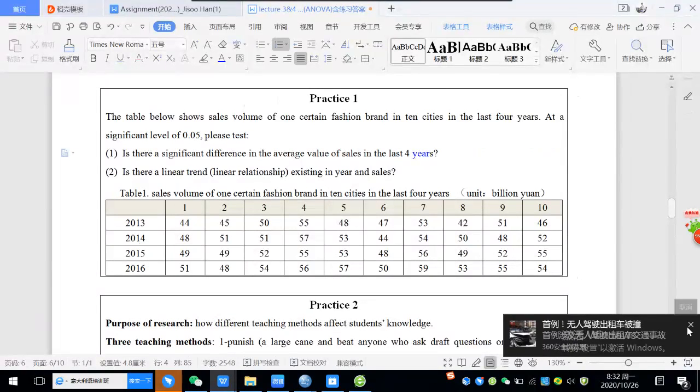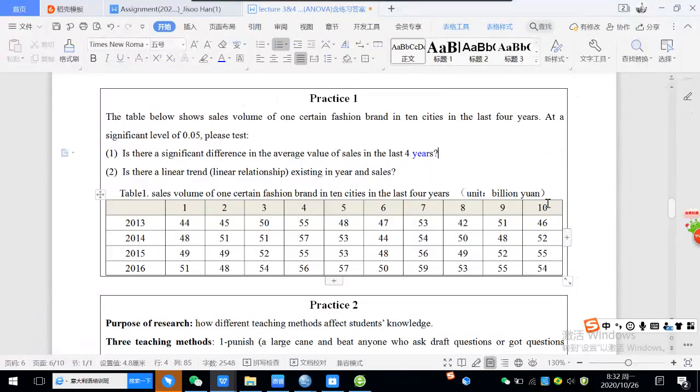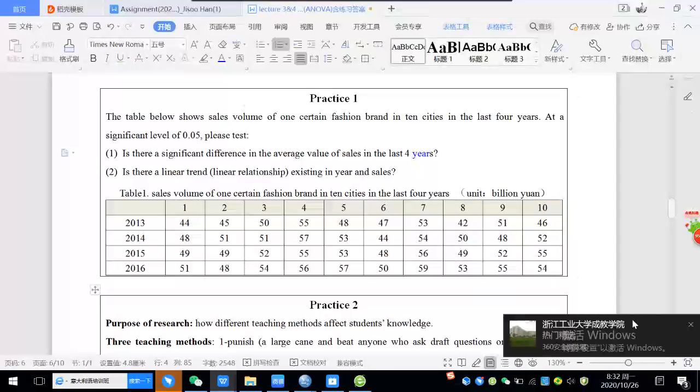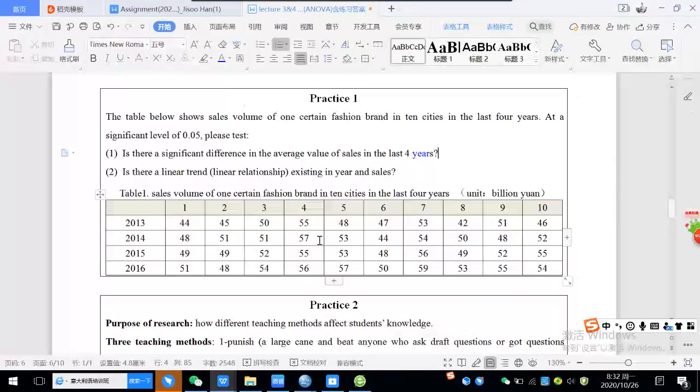And here we have 10 cities. We record the sales of the 10 cities in 4 years. So, firstly, we will establish the data file, right? For the data file, here we have one variable, year. The second variable is city.